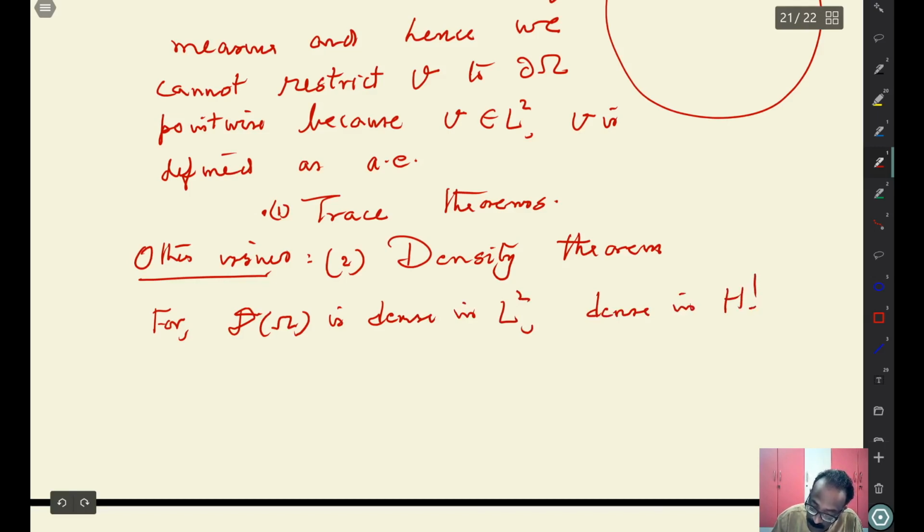But naturally this is already H1 naught, which is strictly less than H1. You see, and hence D(Ω) is not dense in H1.